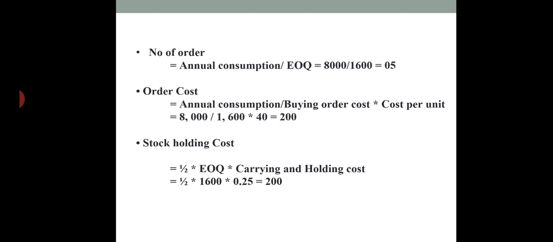Order cost is 200, and the carrying cost or the stock holding cost is half of EOQ. So half of EOQ is half into 1600. EOQ is 1600 units. So half of 1600 into the carrying and holding cost, which is 0.25.